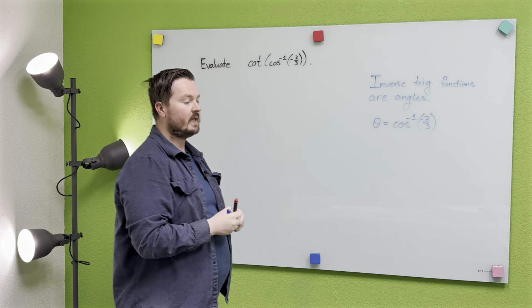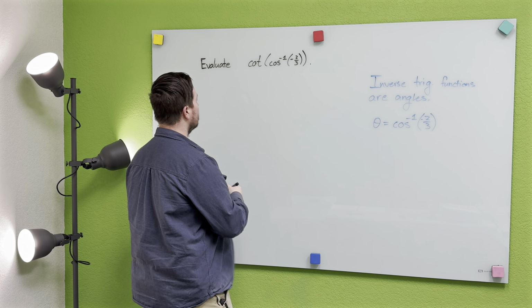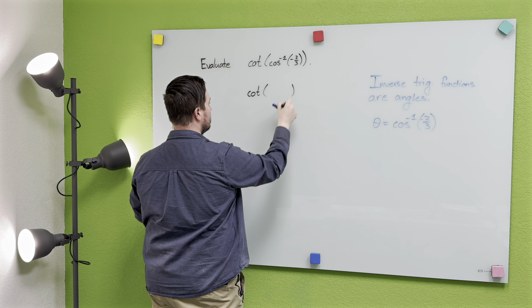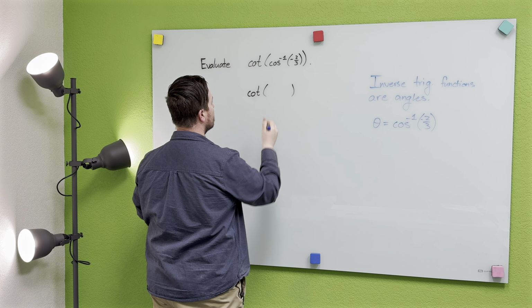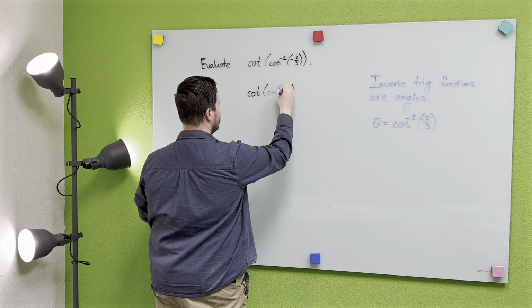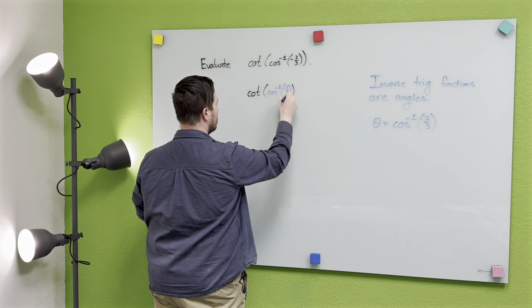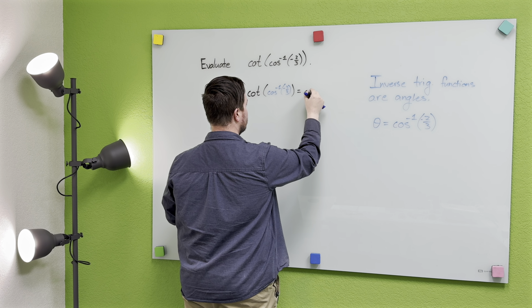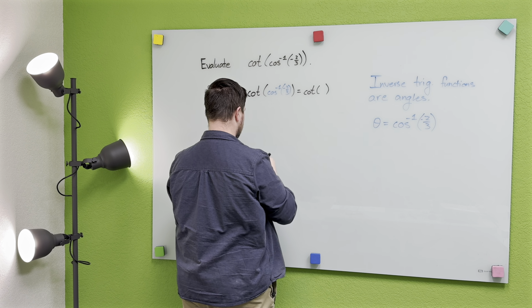If we say that, we can rewrite this problem as cotangent of cosine inverse -2/3, which is the same as cotangent theta.